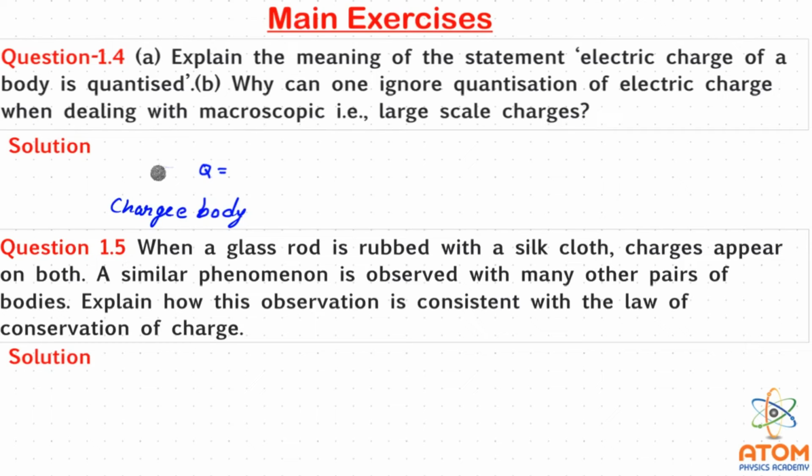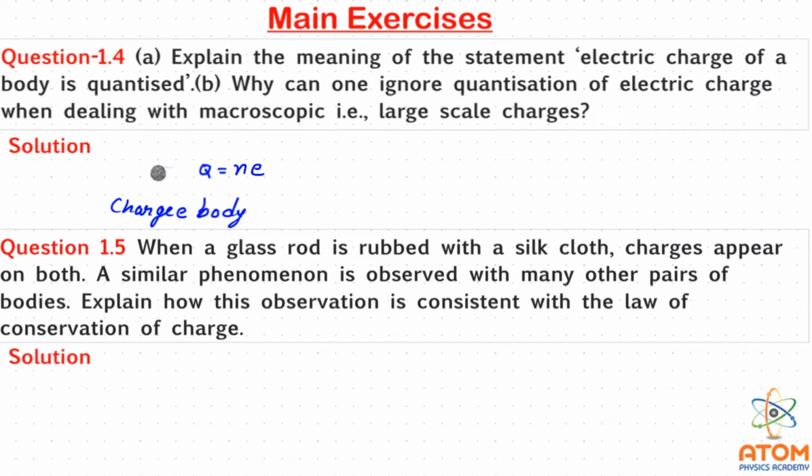here is our situation. If we are seeing this object, and we say that this object has charge Q, then that charge Q has to be equal to Ne, where N is the number of protons involved in this, and E is the charge of one proton.